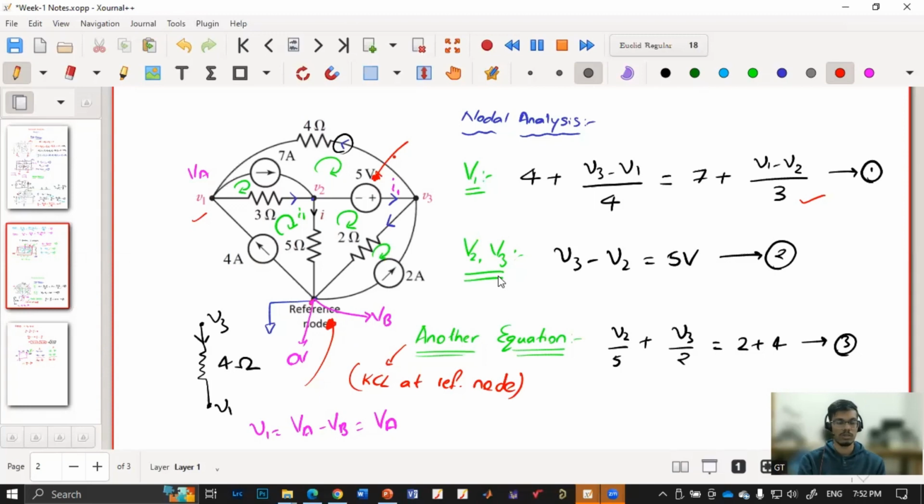In such cases, keep in mind that if your circuit has n number of unknowns, you need to get n number of equations. There are n number of ways to get that equation, but it depends upon you. You have to think and see in the circuit where we'll be getting that extra equation.